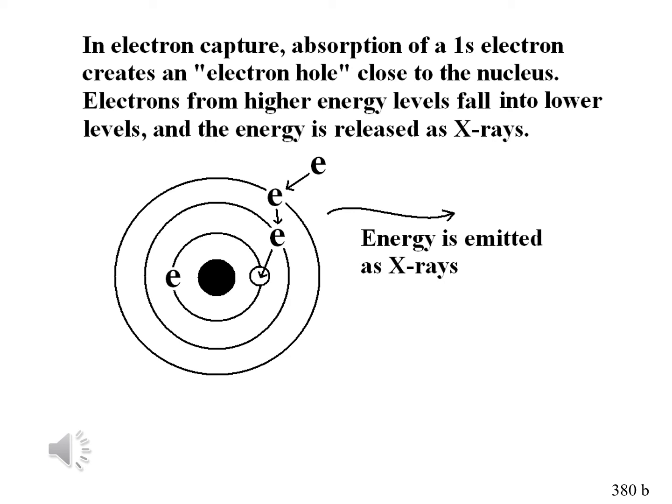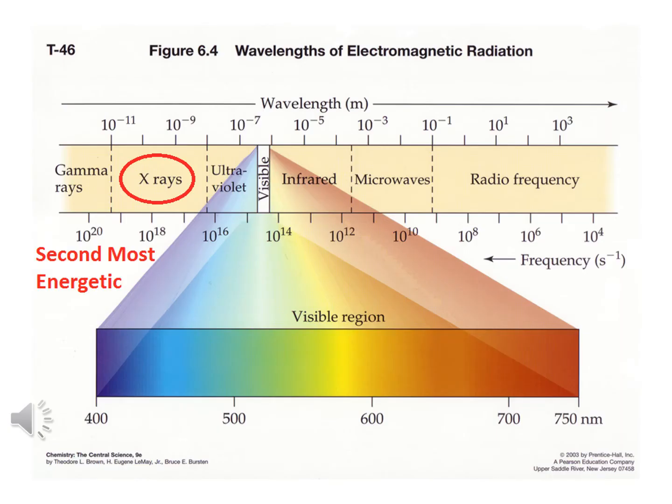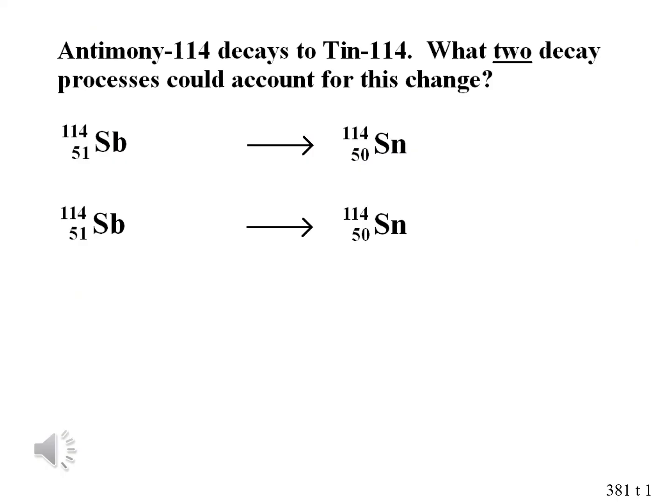So it's X-rays that are coming out that you actually see. The energy in the electron shell is not as high as it is in the nucleus, but it's still very high. And so X-rays that come off are not as energetic as the gamma rays, but they're still ionizing radiation and they're very energetic.